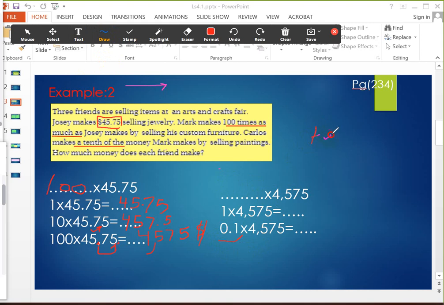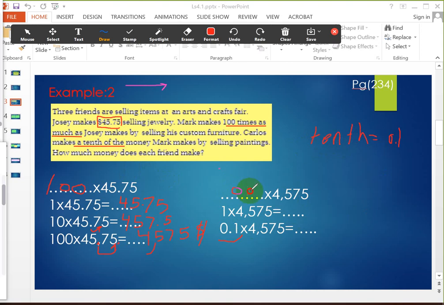When I say only tenth without any number, that means I have 0.1. When I say hundredth without any number, that means 0.01. So when I say he makes a tenth of, that means I have to multiply this amount of money by 0.1.